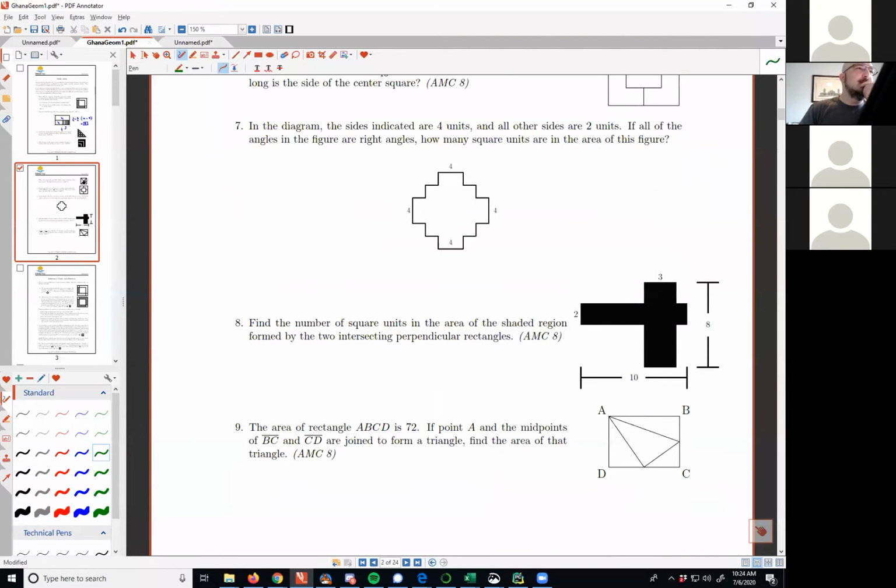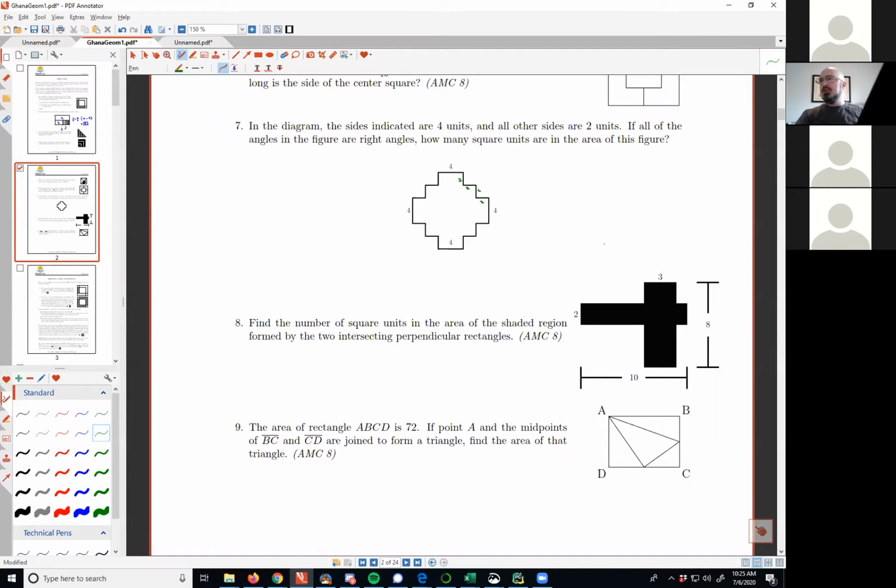Okay, number 7. You could divide this into a square in the middle and then 4 rectangles around it.